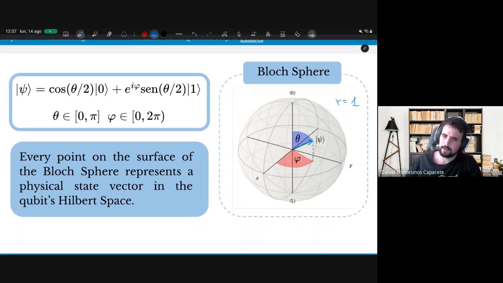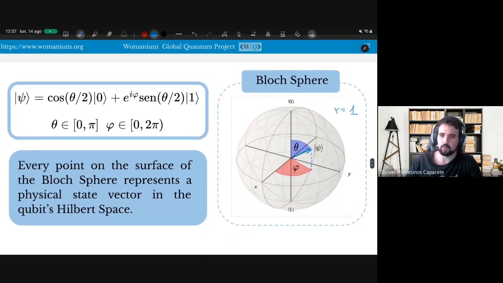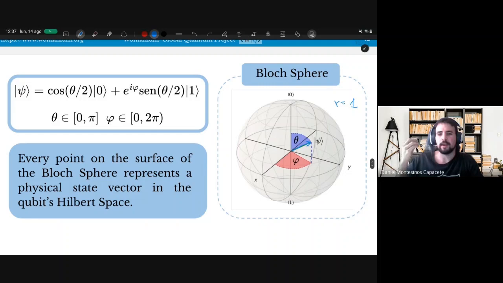So you have a module one arrow that has to do with the radius one of the Bloch sphere, and the freedom you have is that you are on the surface because the vector must be normalized, but you can move on the surface to any point.